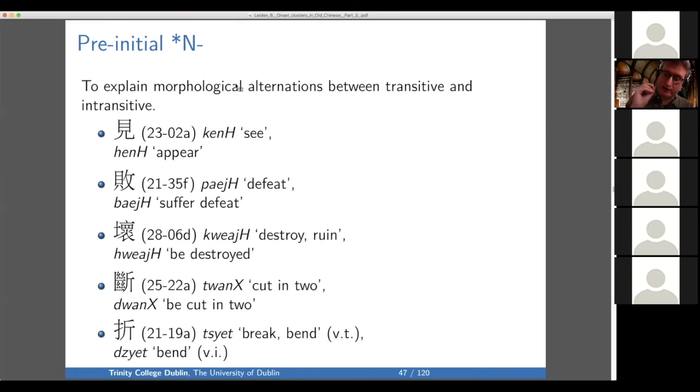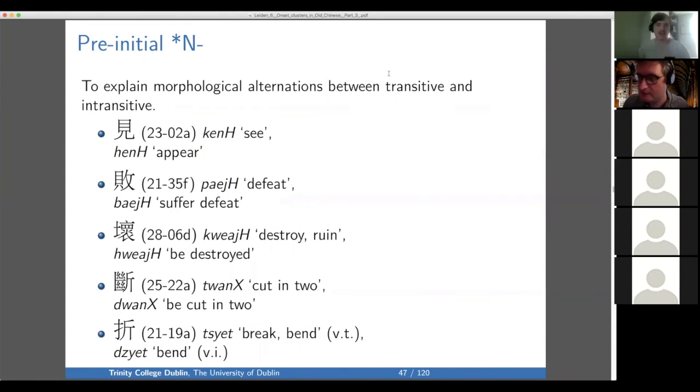But the phenomenon in Chinese that they're pointing to is this thing we've seen before, which is all the places they reconstruct an S prefix for. Everyone agrees there's an S causative prefix. Baxter and Sagart reconstruct a different situation as an S causative prefix. So they also want to, but they have to explain these alternations in a different way. Etienne, yeah.